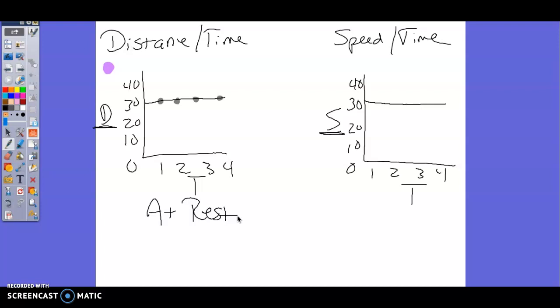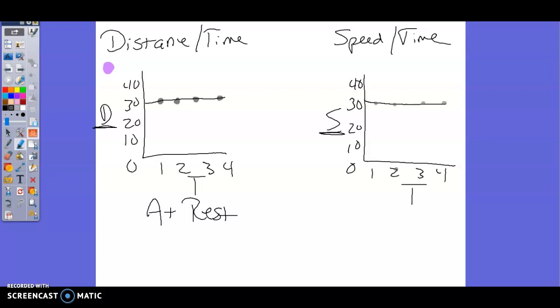Now I look over here, Carter, at this exact same looking graph. Because it looks very similar, right, Carter? Looks exactly the same. But I notice at 1 minute, it's going 30 miles an hour. 2 minutes, it's going 30 miles an hour. 3 minutes, it's going 30 miles an hour. 4 minutes, Ruby, it's going 30 miles an hour.